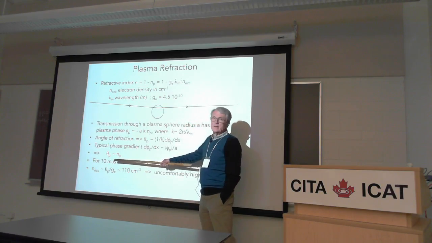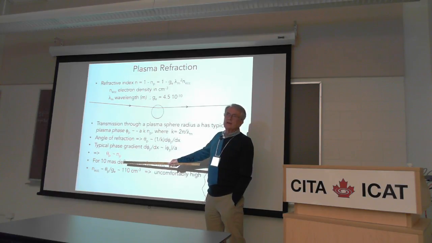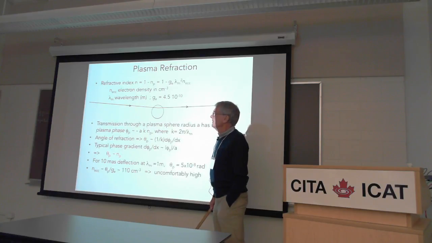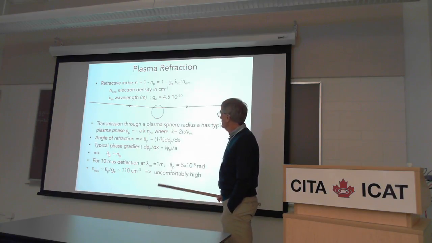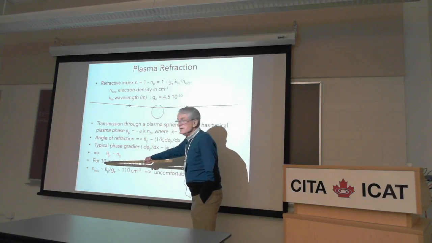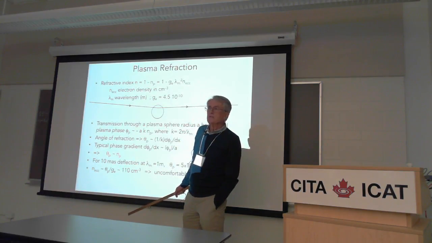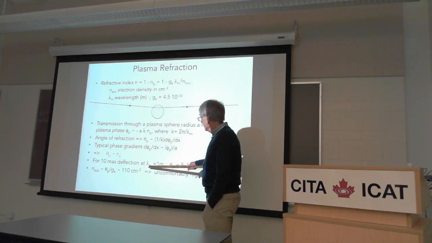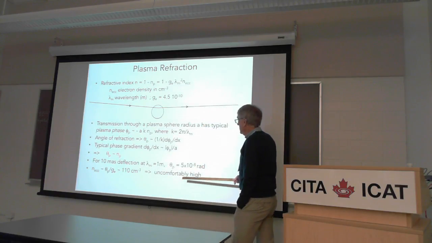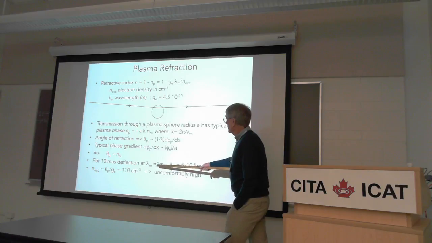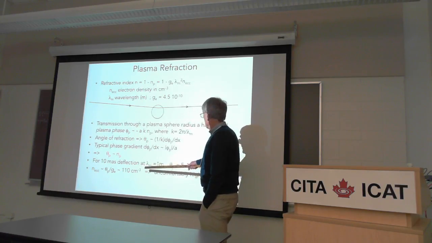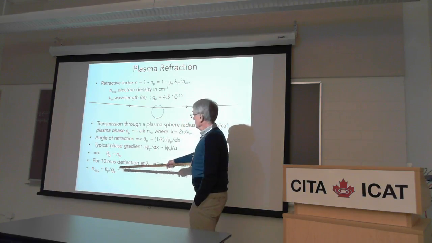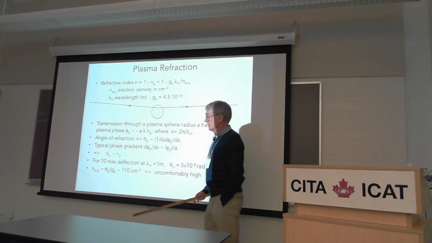If you take 10 milliarcsecond deviation, for example, from the various lensing, from the various arc measurements, deviations in the order of 1 to 10 milliarcseconds have been estimated. And this is typically at a wavelength near 1 meter, so that you turn this into an angle, and then you ask what is the electron density.